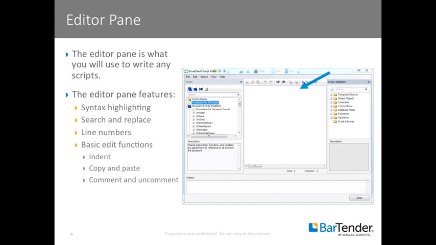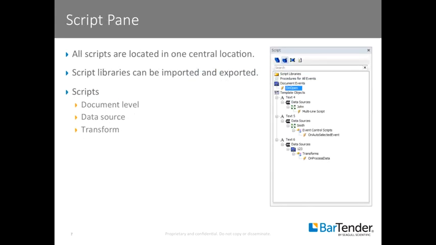The pane on the left is the script pane. This is where you will see what part of the label you're writing a script for. You can also navigate to any script or object currently on your label format.